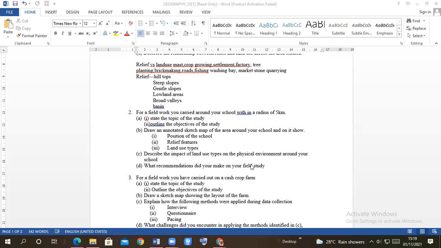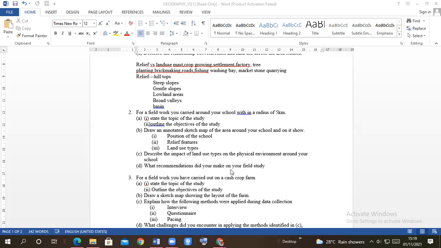What recommendation did you make on your fieldwork study? Recommendations are just solutions that you gave to those people when you were in the field. That's what you say. I recommended them to construct more pit latrines to avoid poor disposal of human waste, to solve the problem of poor sanitation.